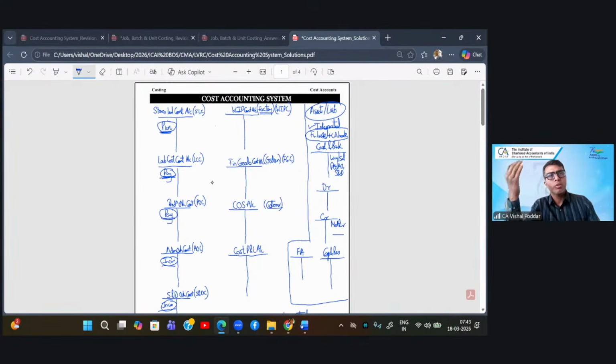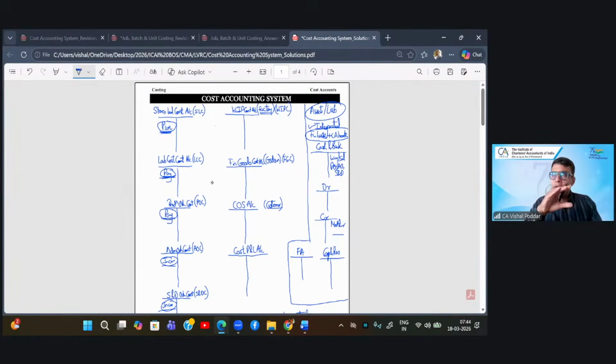So over there, whenever you purchased material, you debited purchases, you credited cash, bank or creditor. Here we are debiting the material account, which is the SLC account, that is the stores ledger control account, and we are crediting the common account, which is the cost ledger control account. Whenever in accounts you are paying wages or salary, you are debiting wages, you are debiting salaries, and you are crediting cash, bank.